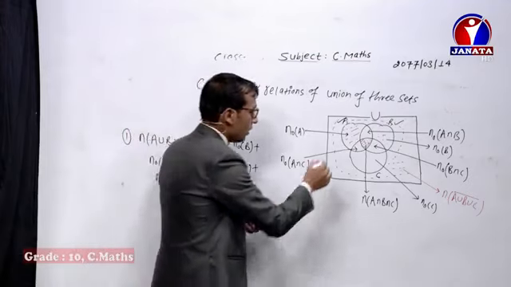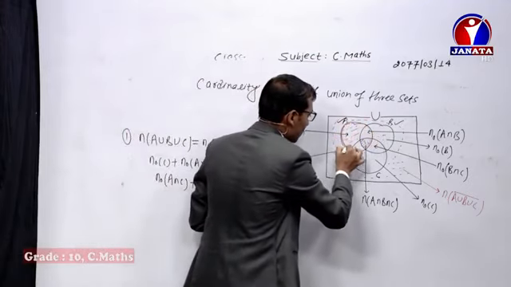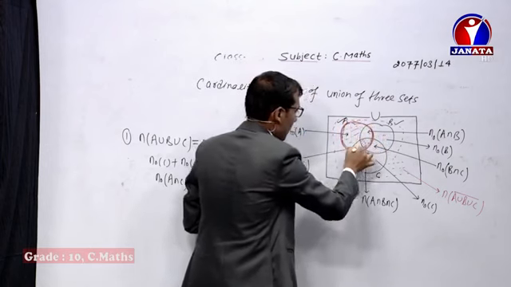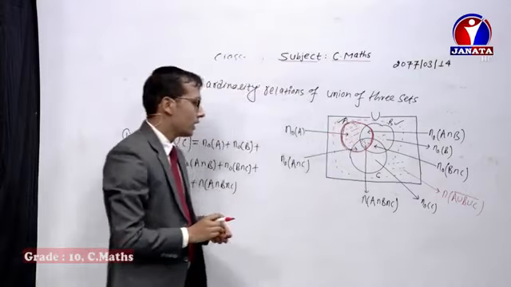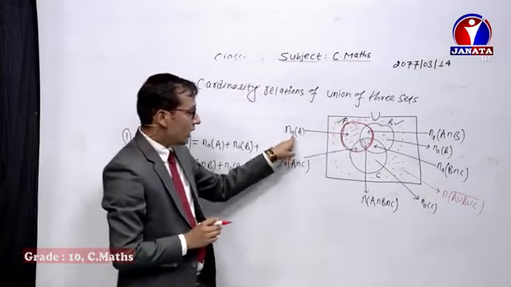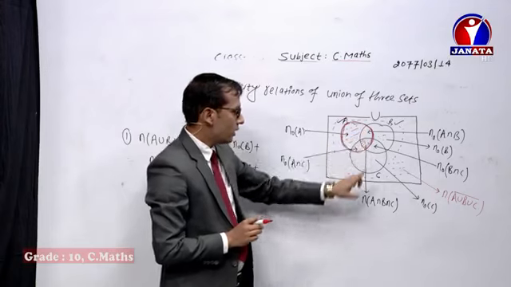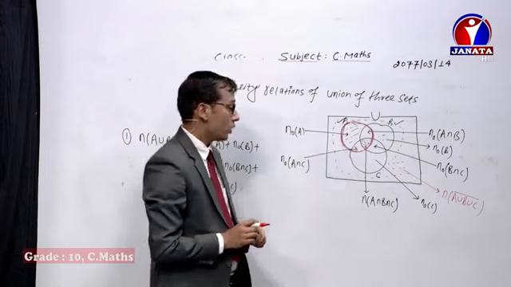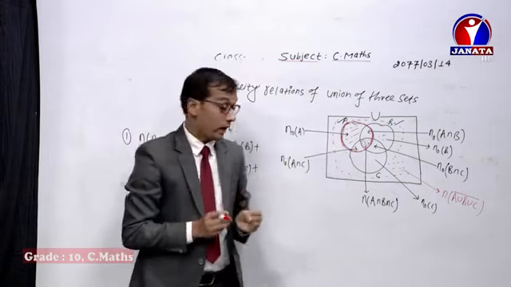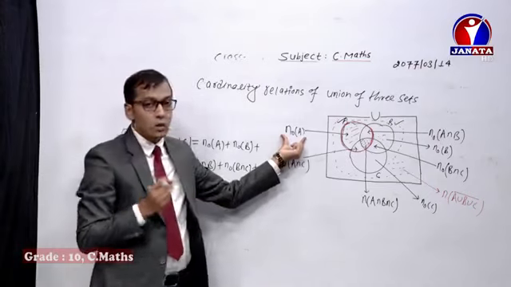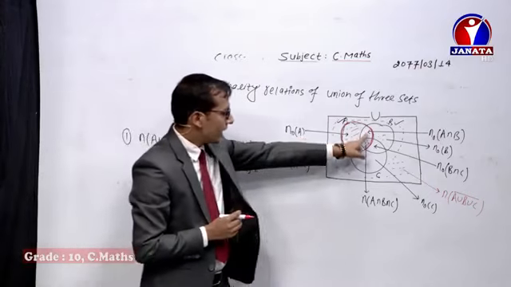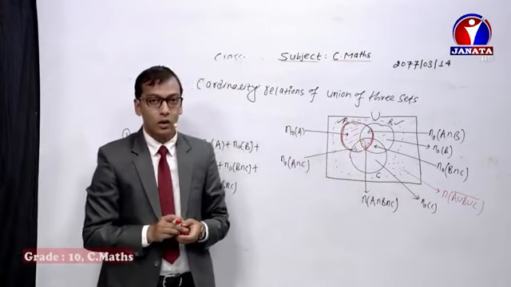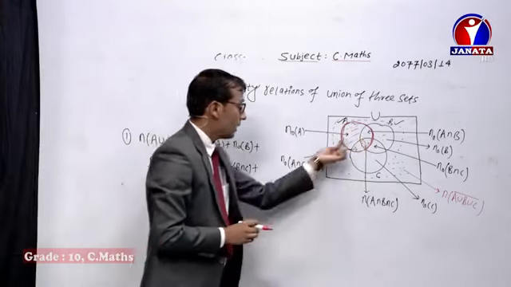Look at the complete circle of set A. How many different regions are in set A? n only A, n only A intersection B, the intersection of all 3 sets, and n only A intersection C. So if we require n only A, we need to subtract these 3 regions from n of A, and we can obtain n only A.